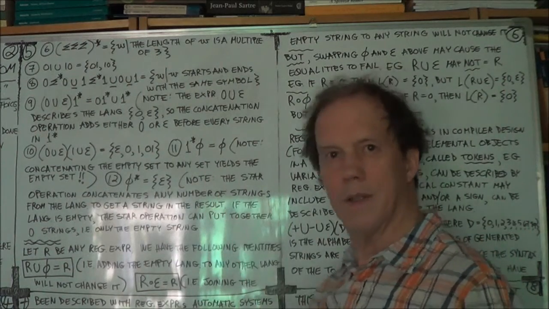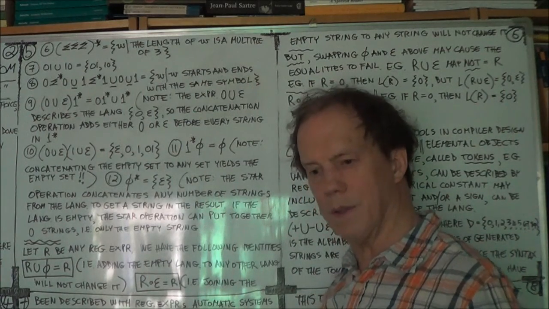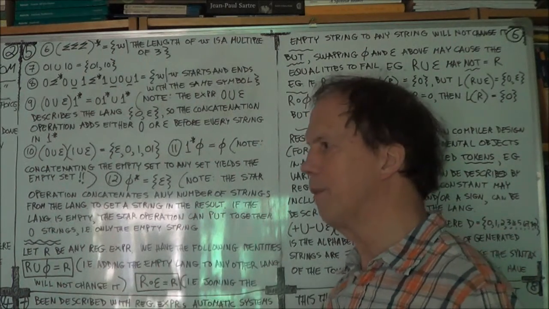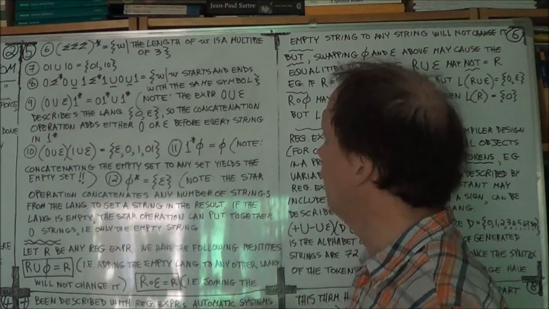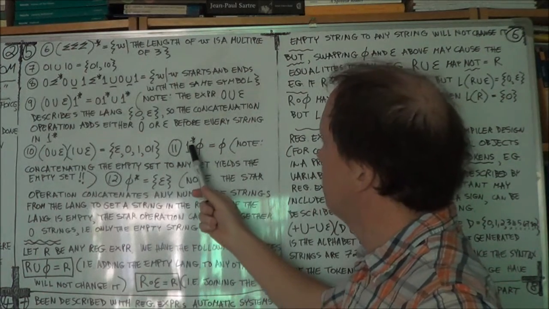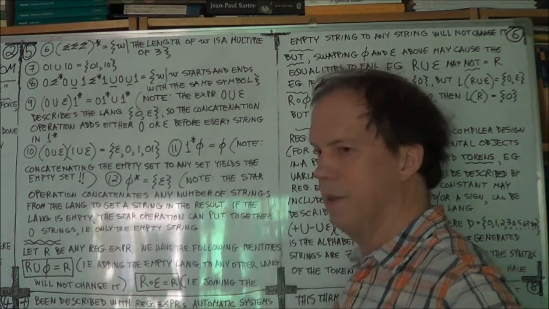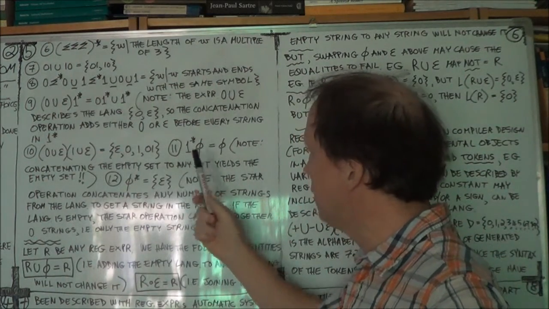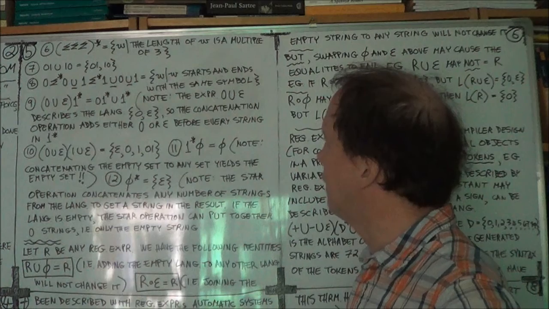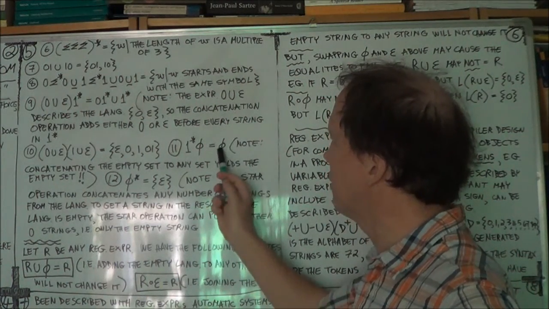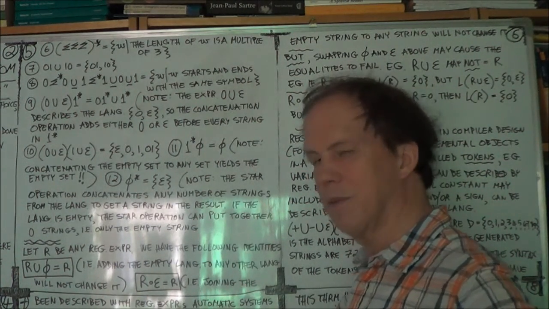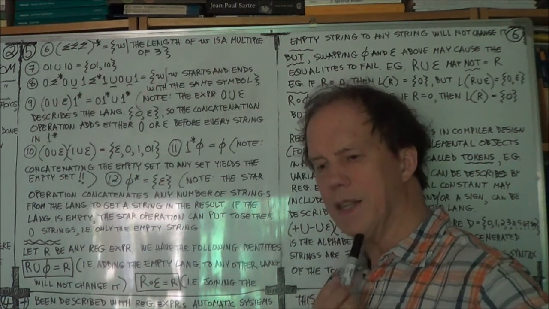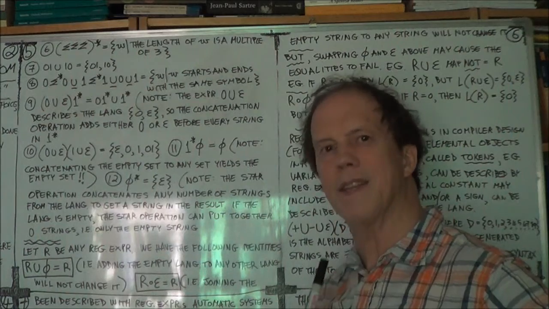So 1 star is the set of all strings that just consist of 1s of any length. Right? And then you concatenate it with the empty set, not the empty string. That is the empty set. Okay? And the answer is the empty set. That struck me as odd. My intuition says concatenation is sort of like linking links in a chain.